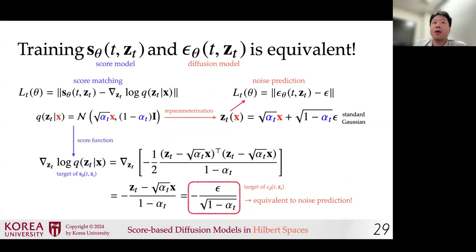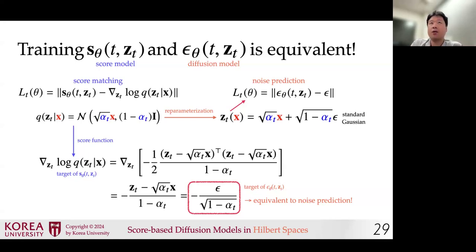One more thing that you need to know is that training the score model and the diffusion model is equivalent because their targets are identical. The only difference is that the diffusion model uses the discrete time Markov chain, but our score-based approach uses the continuous time stochastic differential equation.